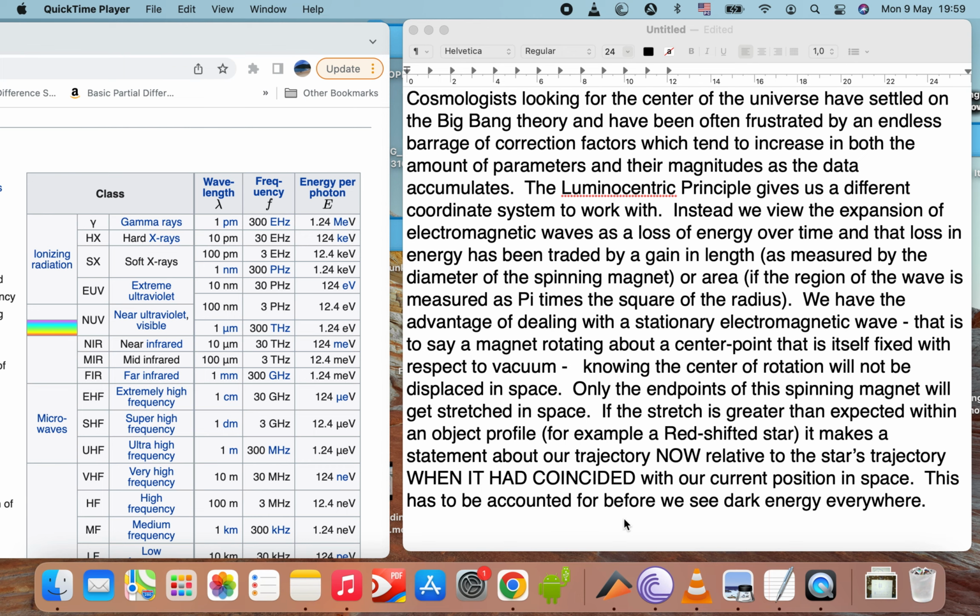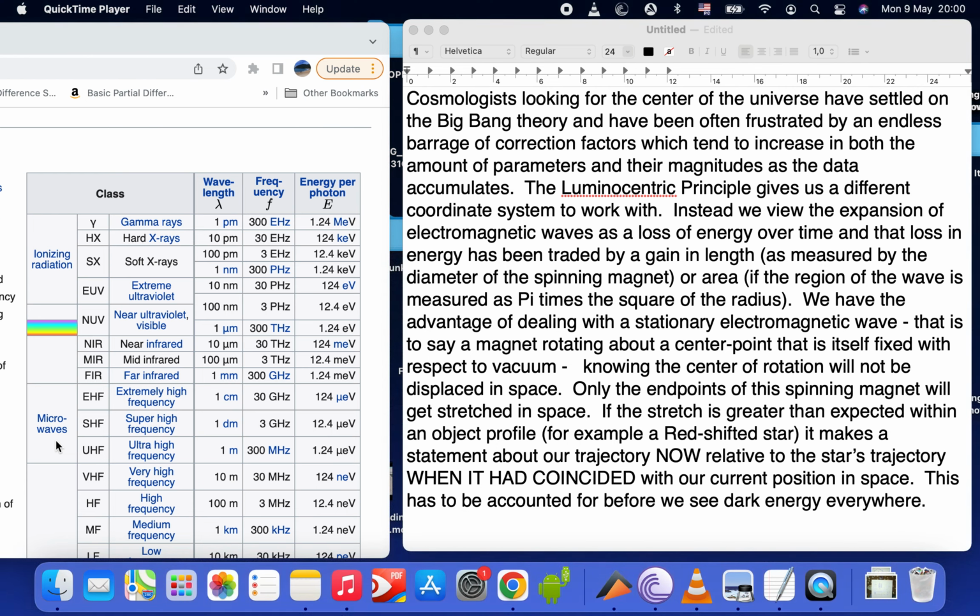No kidding. Okay, so let's look at the electromagnetic spectrum. In particular, let's look at microwaves. They are about a meter in length.